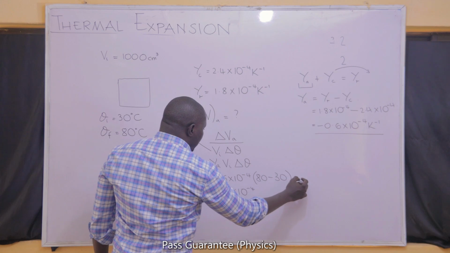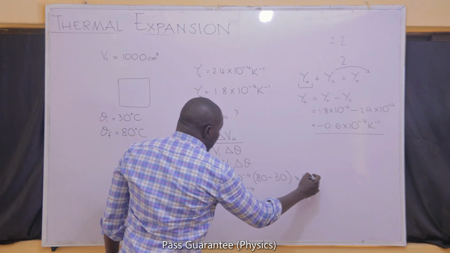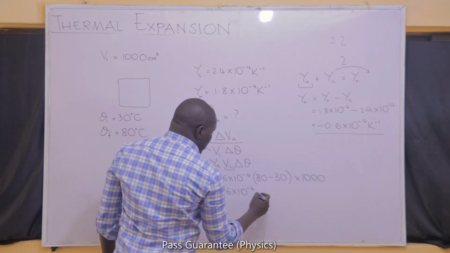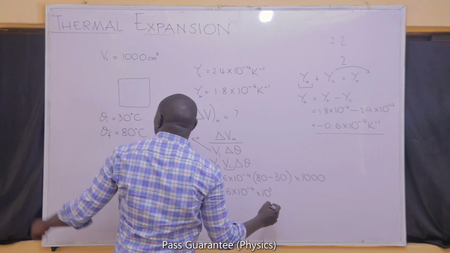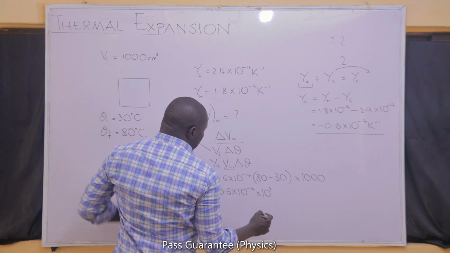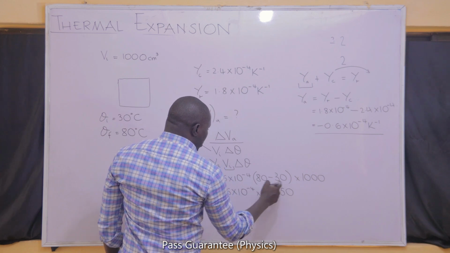We still have the initial volume of the mercury to multiply this expression by, times 1000. 1000 is 10 raised to the power 3. The initial volume is given here as 1000 centimeter cube. I will now multiply it by 50, which is the change in temperature.